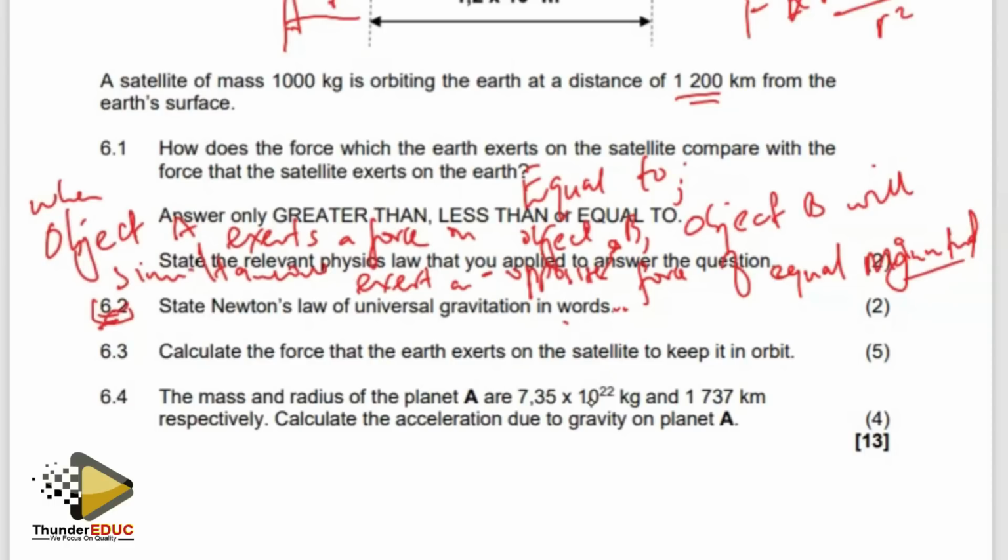So this, get to know the formula and get to know the law itself.